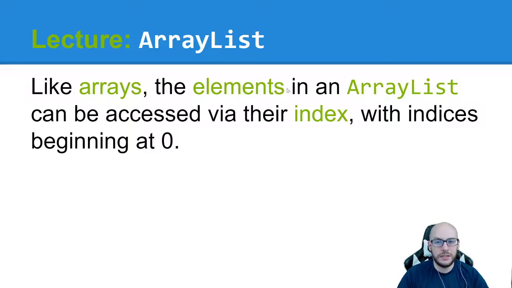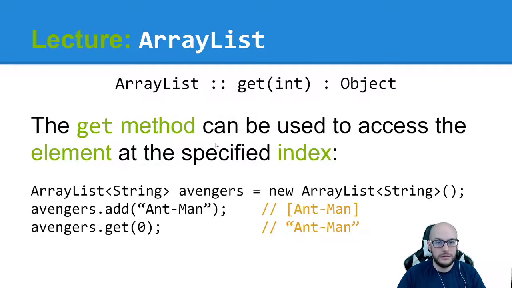Like arrays, the elements in an array list can be accessed via their index with indices beginning at 0. With arrays we have this square bracket notation in order to actually access an element. Here, it's a method, right? The get method can be used to access the element at a specific index. So we're going to call get, we'll provide it with an integer, an index.